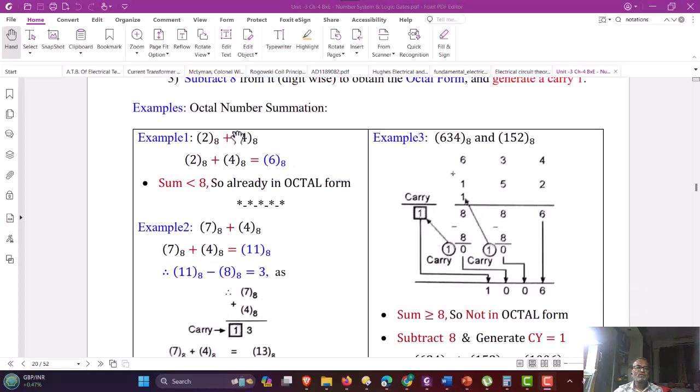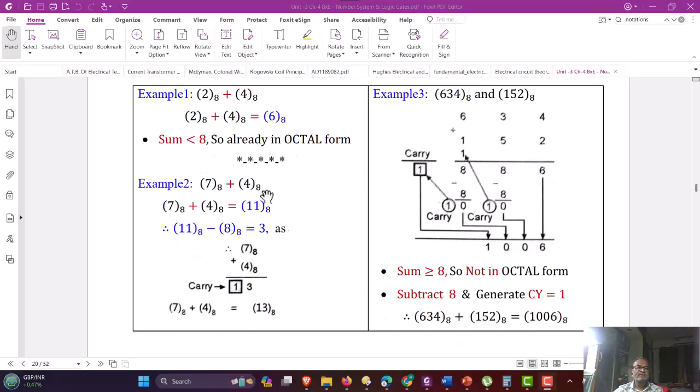Suppose 2 plus 4 octal numbers are added. So 2 plus 4 is 6. The sum is less than 8 and therefore the sum is already in the octal form. Let us see the second example, 7 plus 4. So 7 plus 4 is 11 in decimal, but 11 is not there in the octal form, right?